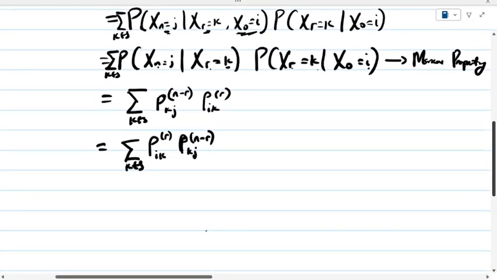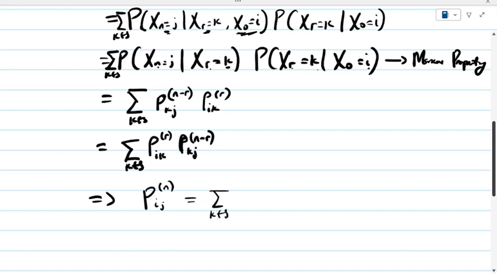So you can see that the probability of moving from I to j over n steps is equal to the summation over k belonging to the state space of p I k over r, then p k j over n minus r. So this is the Chapman Kolmogorov equation, which is called the CK equation.